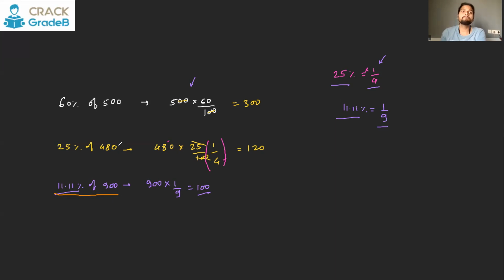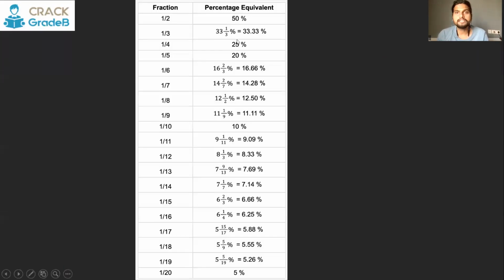That is why one must know the fractions. So let me show you the fraction table here. This is the table that you must know. You can find this table anywhere, on Google also, in books also.